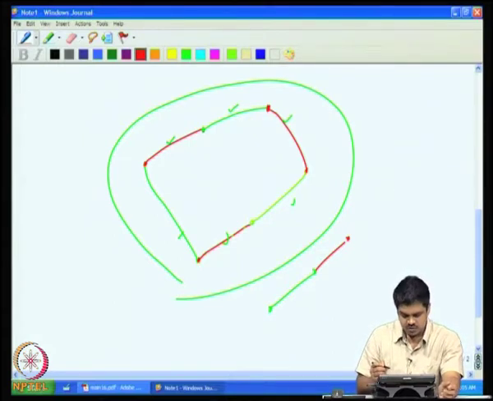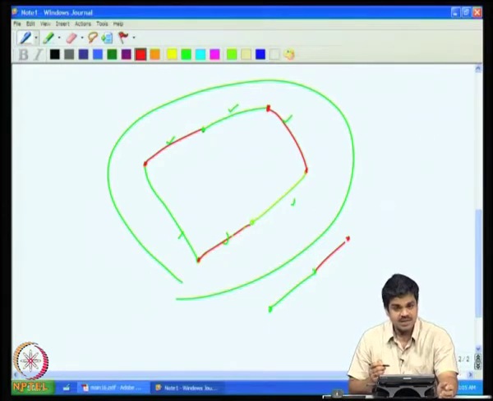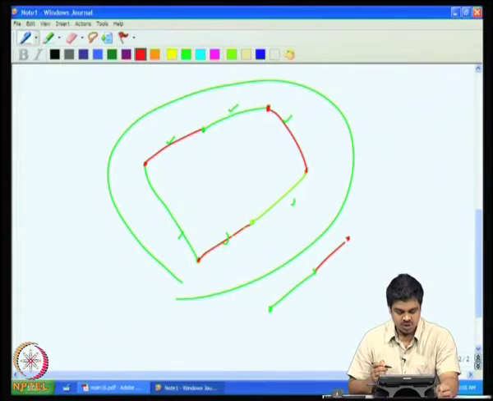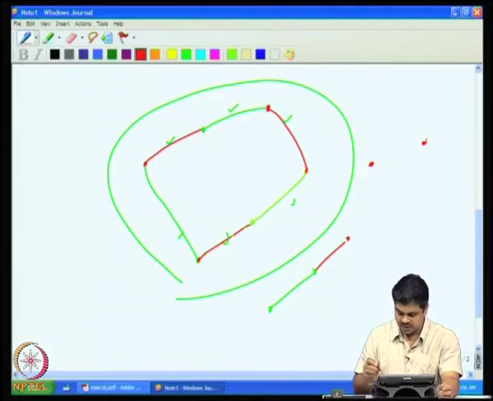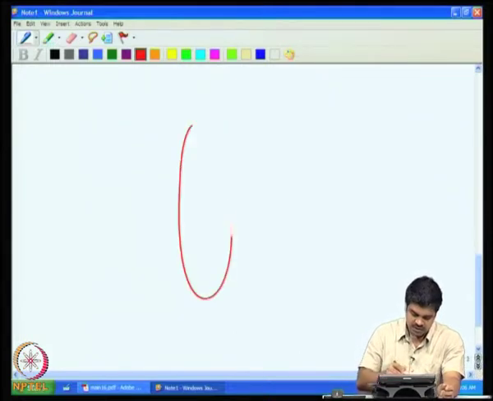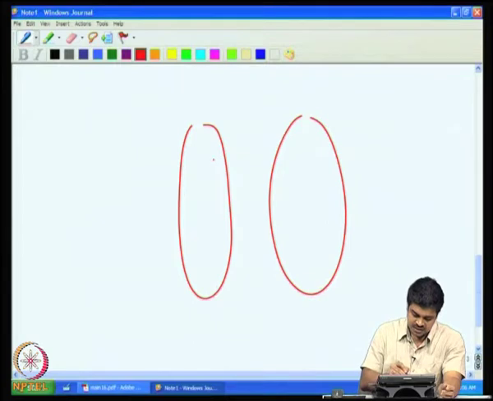So, in the bipartite graph proof, when we proved that the edge chromatic index of a bipartite graph is delta, we used this property only. We considered induction, took some edge x, y and removed it.